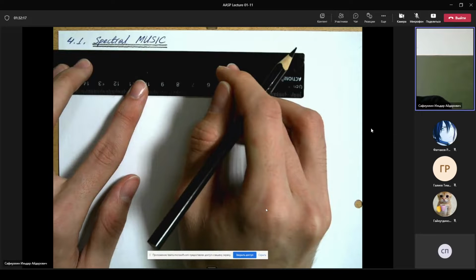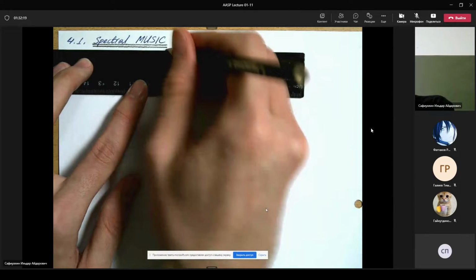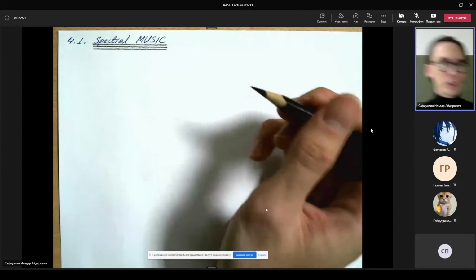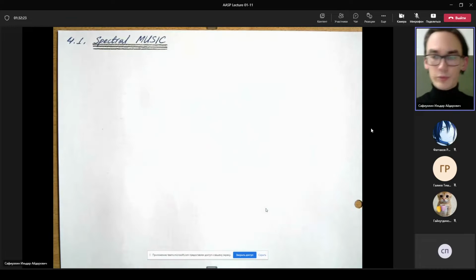For the name, I will put 3 underlines, and also I will color 4.1 with red color.